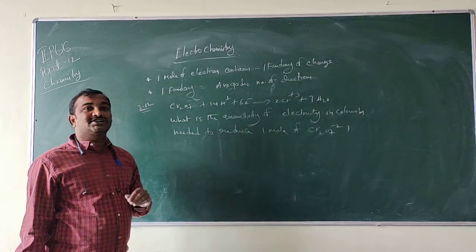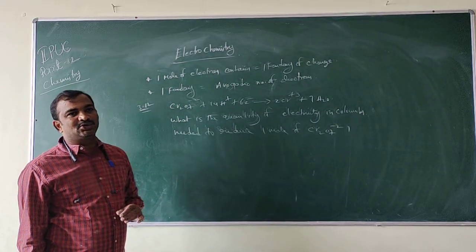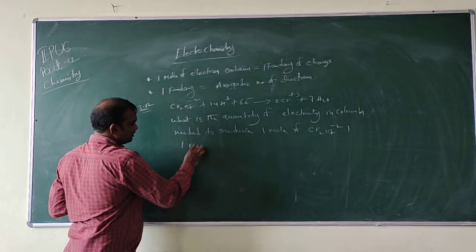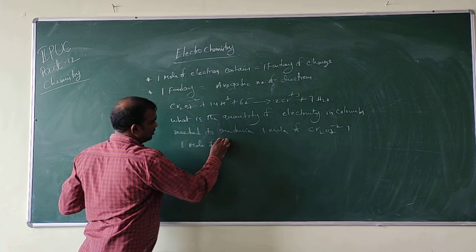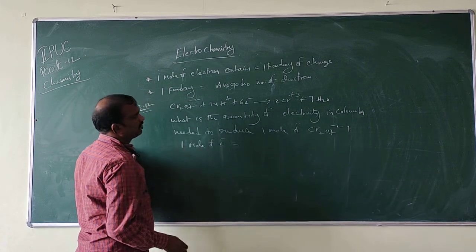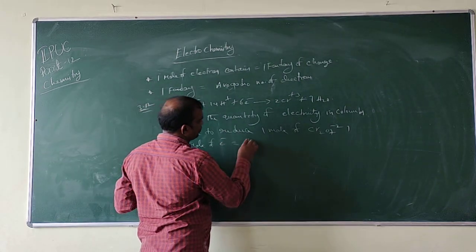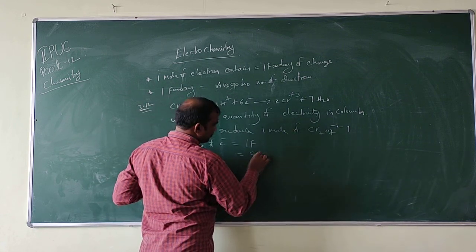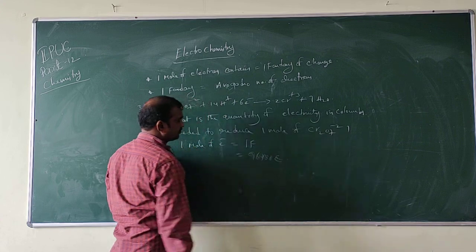How much quantity of electricity in coulombs is required? See, 1 mole of electrons is equal to what? 1 Faraday. 1 Faraday means what? This is equal to 96,500 coulombs.